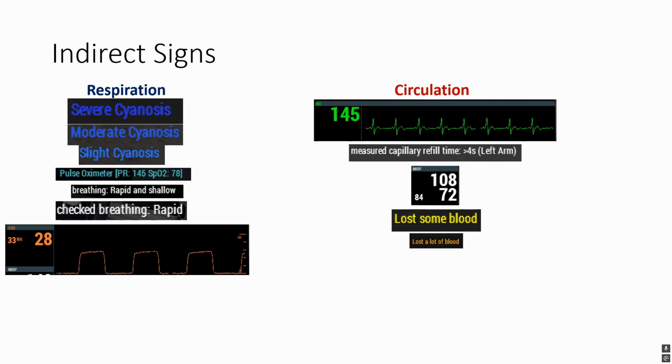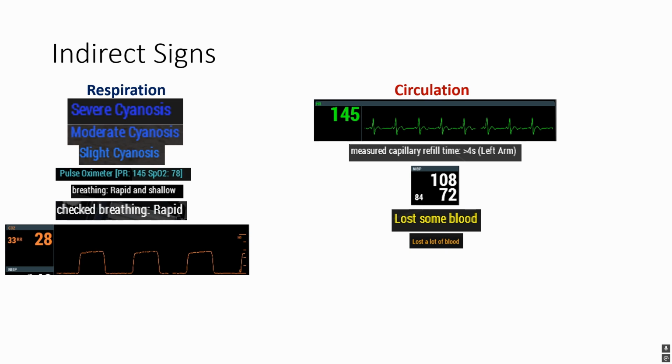So about the more indirect signs, if you have the option to or you're not really sure, you can use those on top. Now, I've made 2 small sections. One is the respiration section. Obviously cyanosis or reduced SpO2 is going to be one very serious sign.